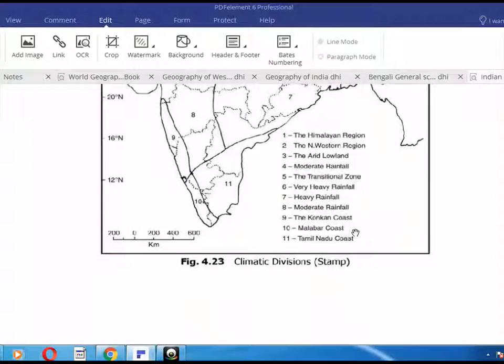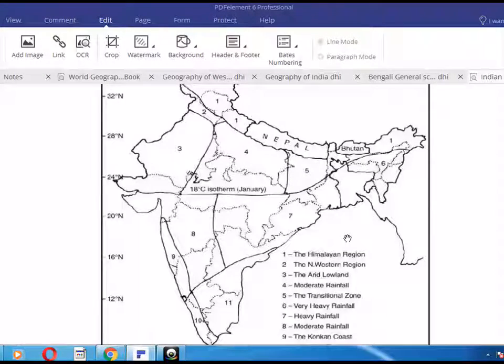So now the climatic divisions of Stamp. Stamp describes the Himalayan region as 1. Okay, it is the Himalayan region. Into the northwestern region. So the northwestern region is 2, and the arid lowland is 3. For moderate rainfall it is 4. And 5, the transitional zone.